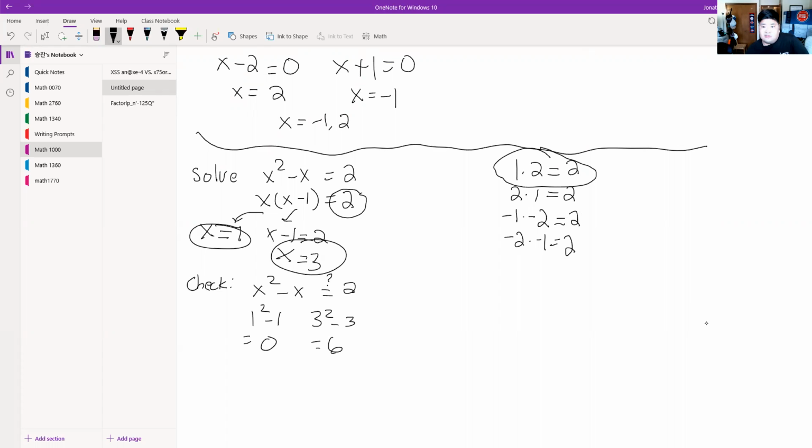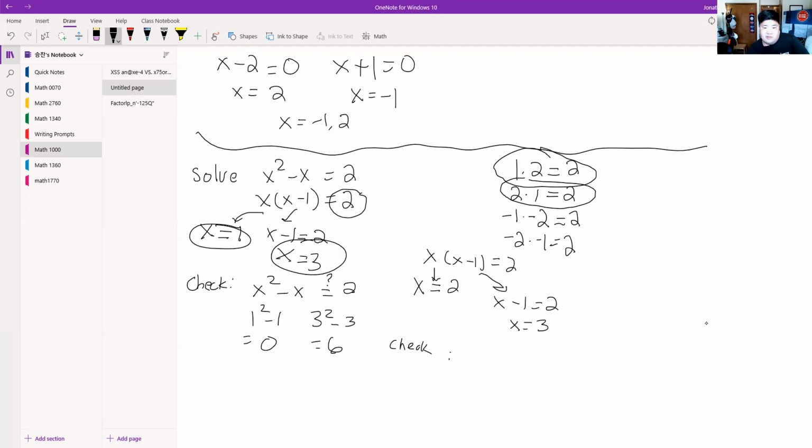Now I could see if the answers are actually 2 and 1, all right? So x equals 2. Remember, I had x times x minus 1 equals 2, all right? So x equals 2, and then x minus 1 is equal to 2, so x could be 3. And then I check.